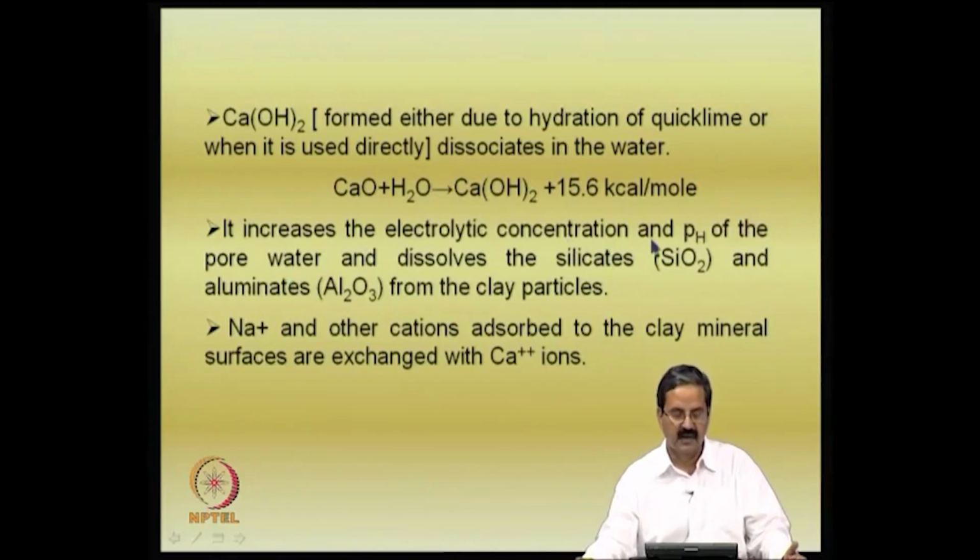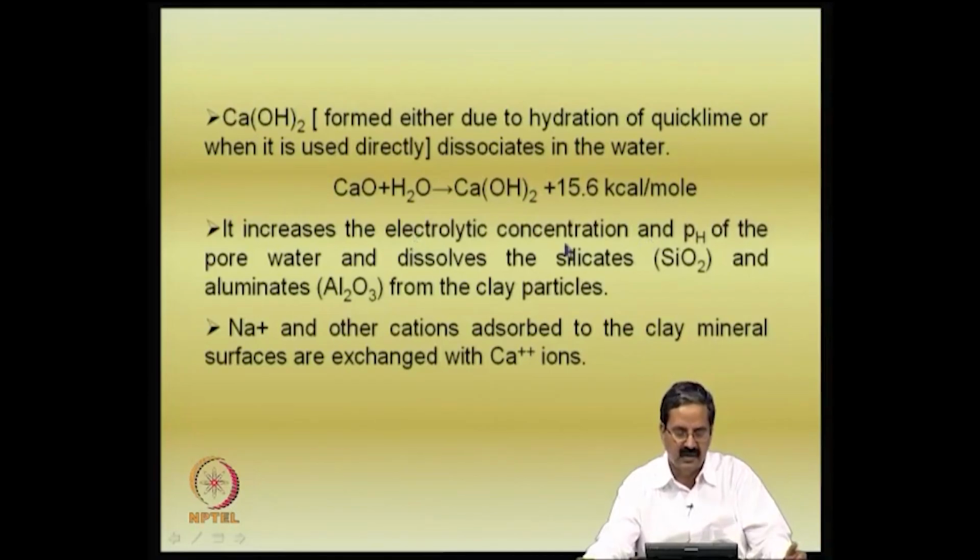There is a tendency for the particles to come together, and it increases the electrolytic concentration, and the pH; everything increases. It dissolves the silicates and aluminates from the clay particles, and as I just mentioned, sodium ions and other cations adsorbed to the clay mineral are exchanged with calcium ions.